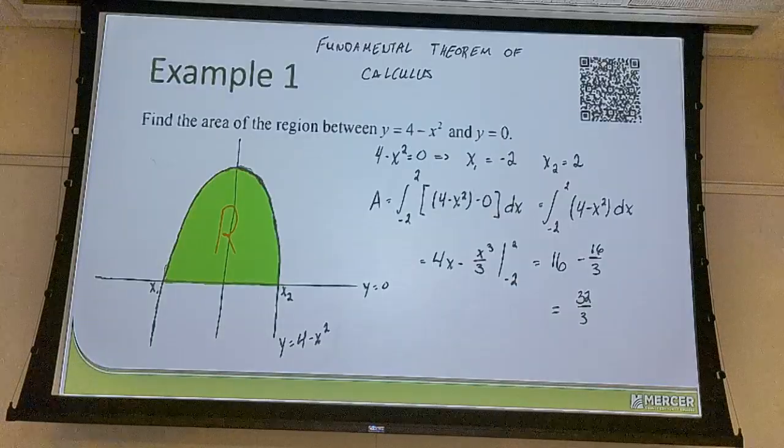By the way, there was an easier way of building this. Isn't 4 minus x squared symmetric about the y-axis?